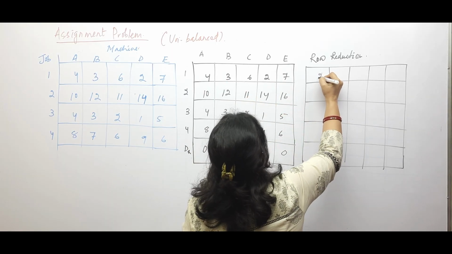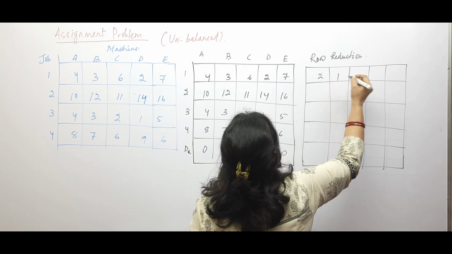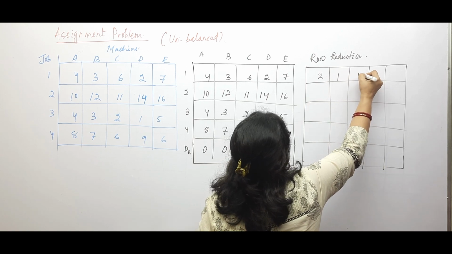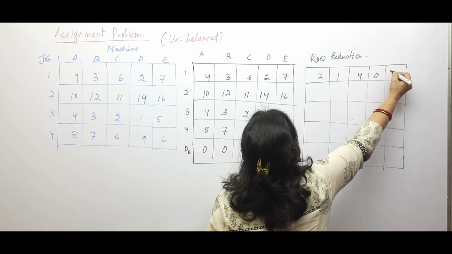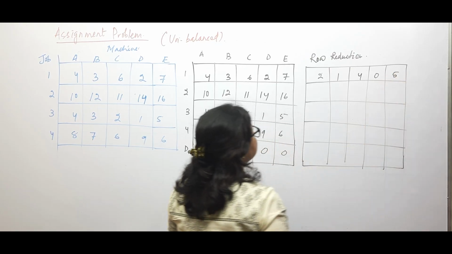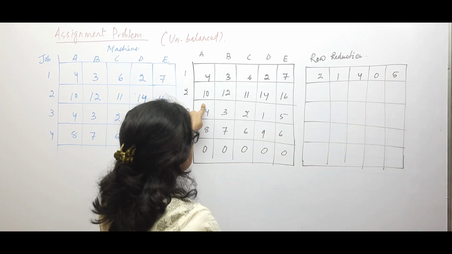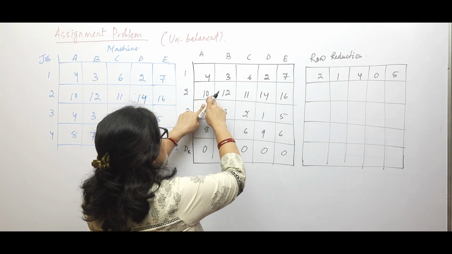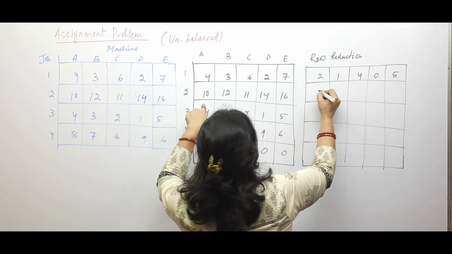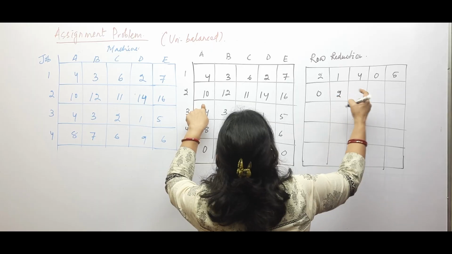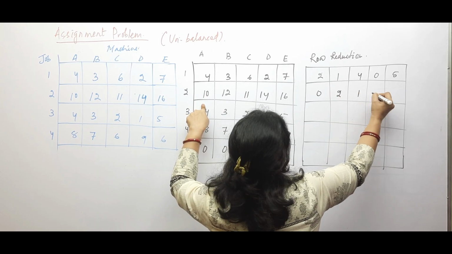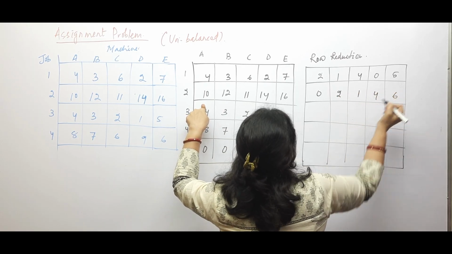4 minus 2 is 2. 3 minus 2 is 1. 6 minus 2 is 4. 2 minus 2 is 0. 7 minus 2 is 5. In the second row, the least cost is 10. So 10 minus 10 is 0, 12 minus 10 is 2, then 1, 4, 6.